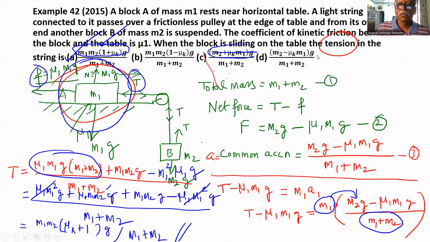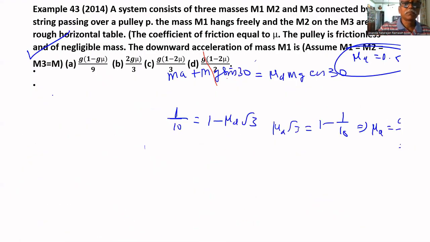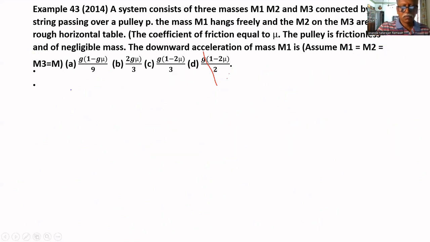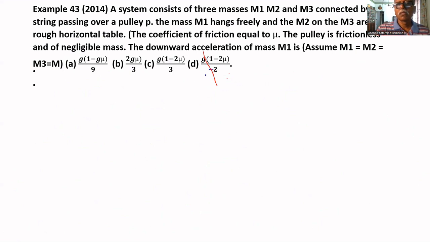Yes, sir. Okay. A system consists of 3 masses, m1, m2, m3, connected by a string passing over a pulley P, as shown in the figure, and the horizontal table.